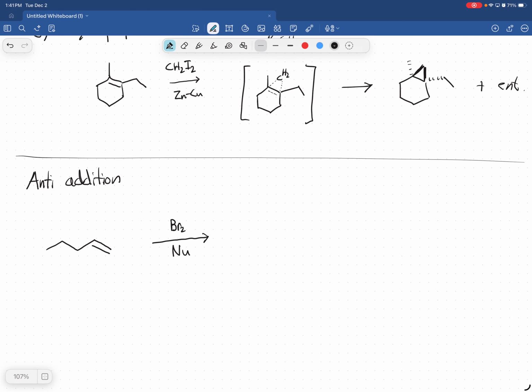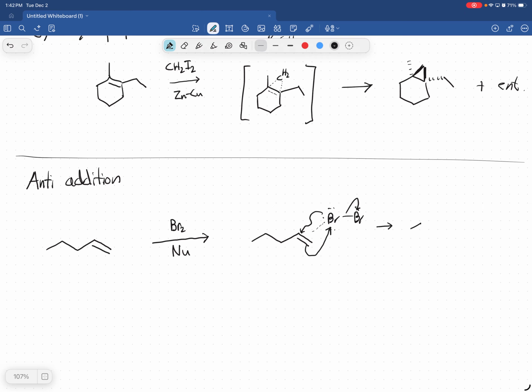All right. So what happens first here? Do we form a carbocation? No. There's no H, so we can't form a carbocation. What happens here is our alkene is going to coordinate to this bromine, and the bromine is going to use one of its lone pairs to attack and kick off a bromide.